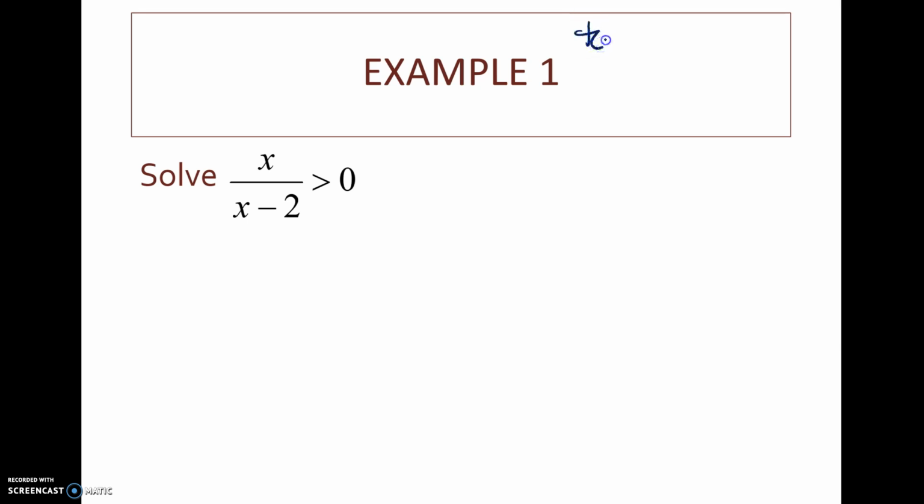So what x value would make the top equal 0? 0. So your first critical point is 0. What x value would make the bottom equal 0? 2. Because 2 minus 2 would give you 0. That's it. No factoring, no other math.